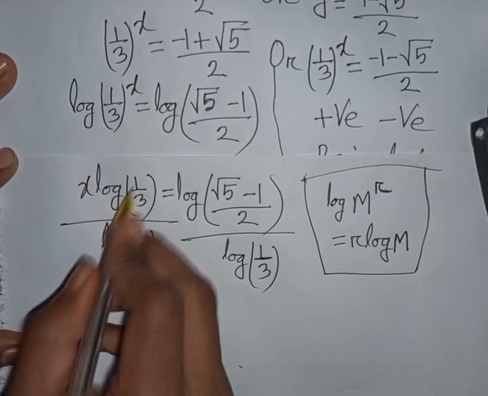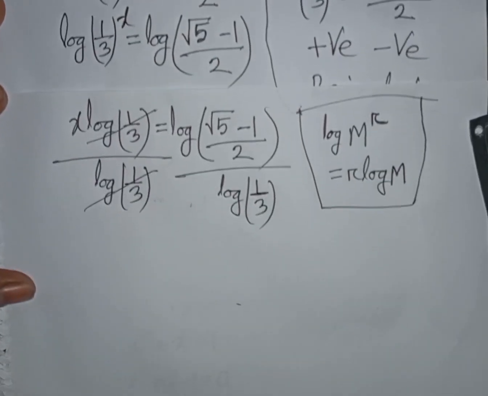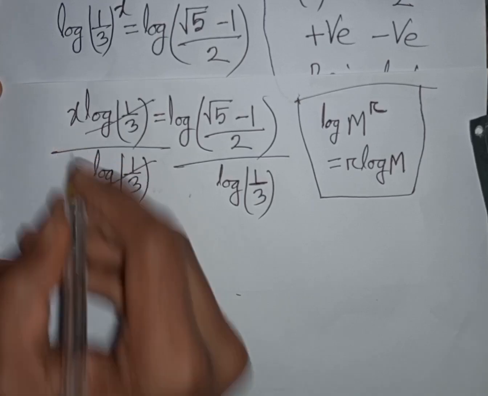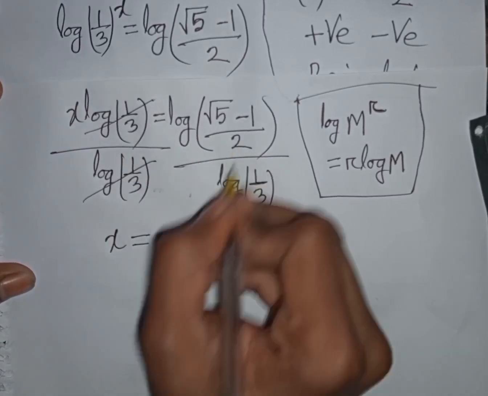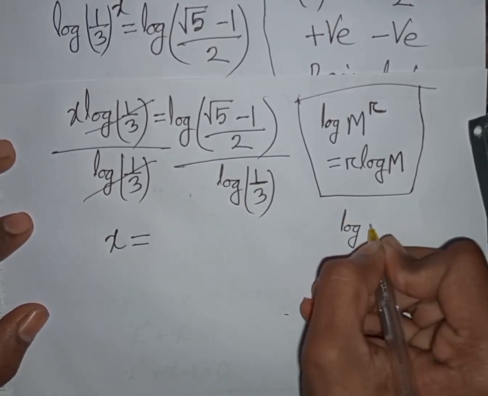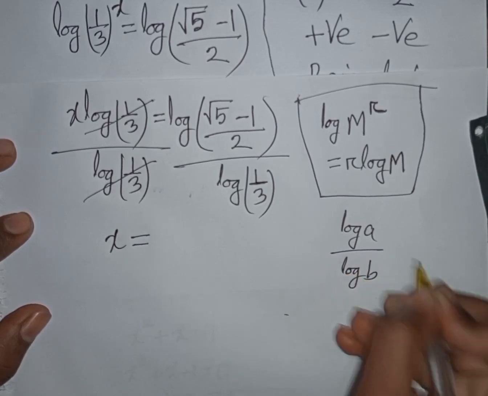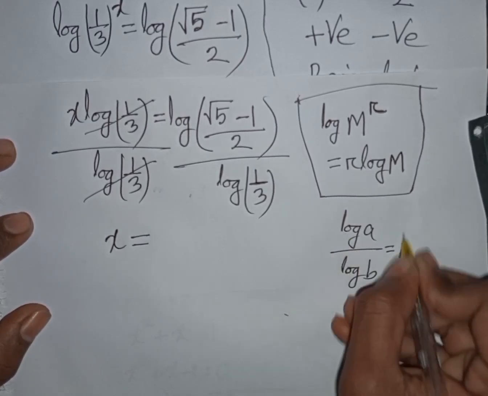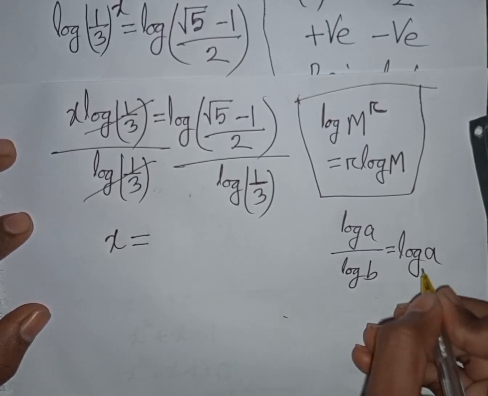Now we see this log(1/3) and this log(1/3) will be cancelled. So here x will be equal to this divided by this. Here I can apply the formula log a divided by log b is equal to log a base b.